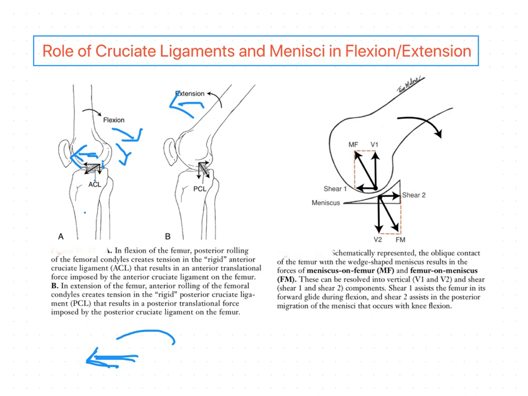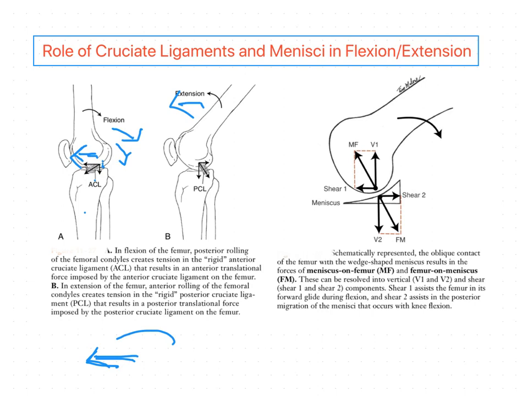The femoral condyles roll anteriorly on the tibial plateau, up to how much? Until the posterior cruciate ligament becomes rigid.